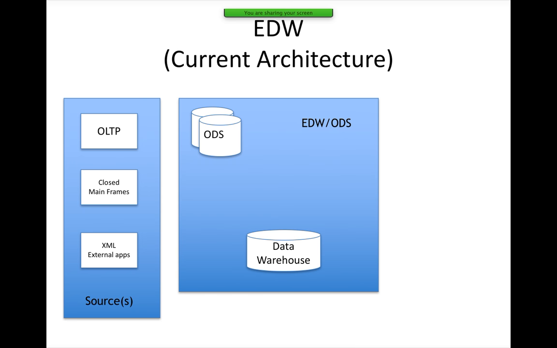The executive wants to see the trends for each region, how they are evolving over a period of time. That is the requirement, and we have to get the data from OLTP systems, probably closed mainframe systems, and also from external apps. And we started developing the code, developing the report. Okay, but if you want to troubleshoot whether the report generated is correct or not, then it will be a nightmare. You cannot easily get into the source systems and start looking into the issue.